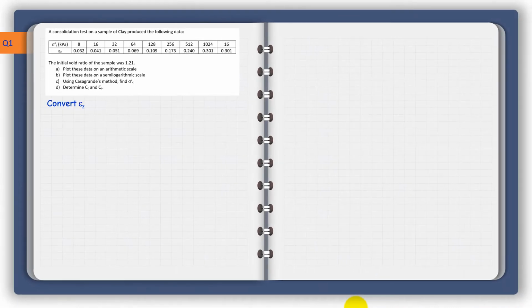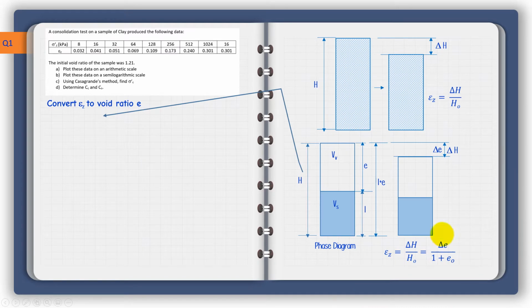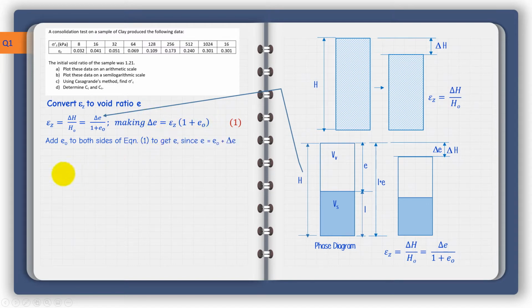Now we can proceed. We convert the vertical strain to void ratio. We invoke this from the previous page, and then we can just substitute and rearrange this equation here. When we rearrange it, we will have the change in void ratio as a function of epsilon Z. We add e naught to both sides of equation 1, so that we have e naught plus delta e, and this left side here is the void ratio.